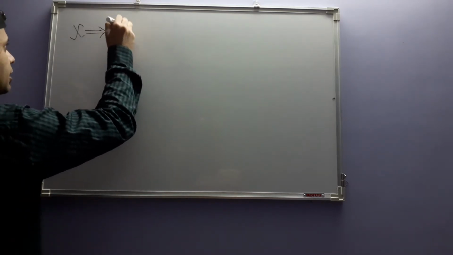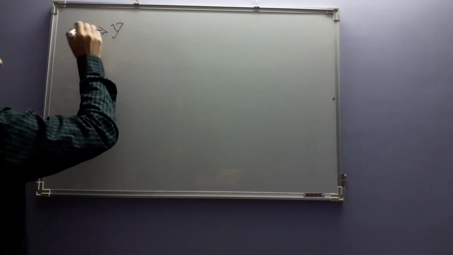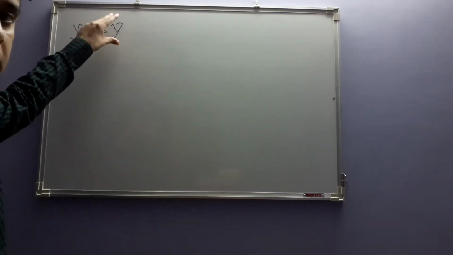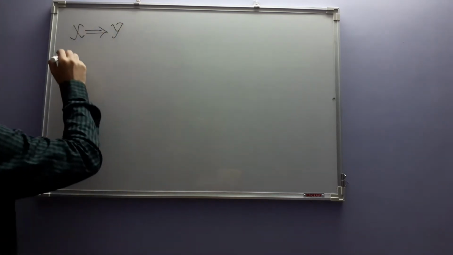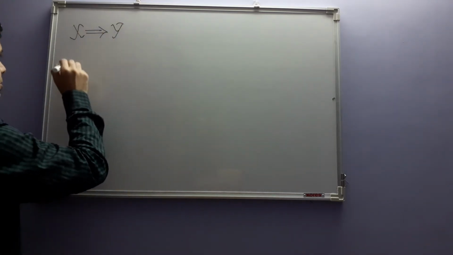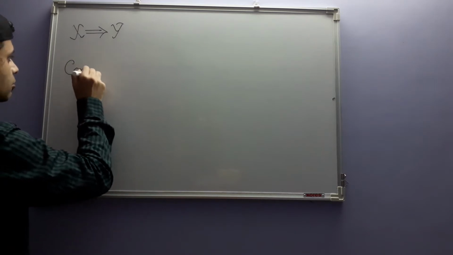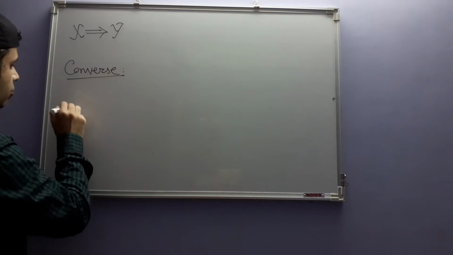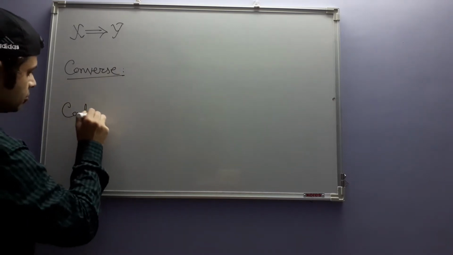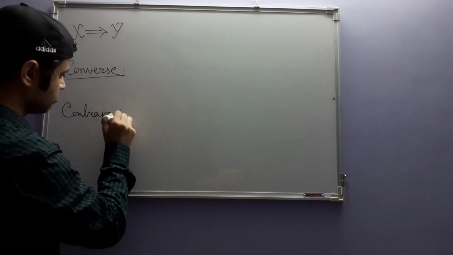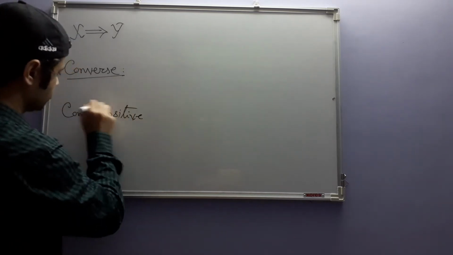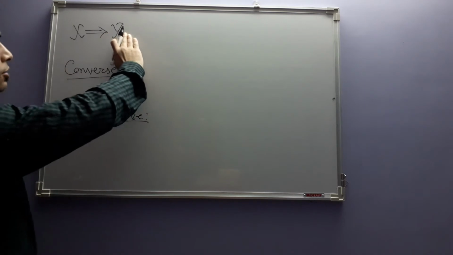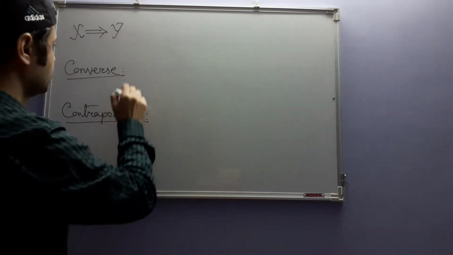So you are given an implication where the hypothesis is X and the conclusion is Y. Now, given such an implication, you can define its converse and contrapositive. These are statements associated to an implication like this.